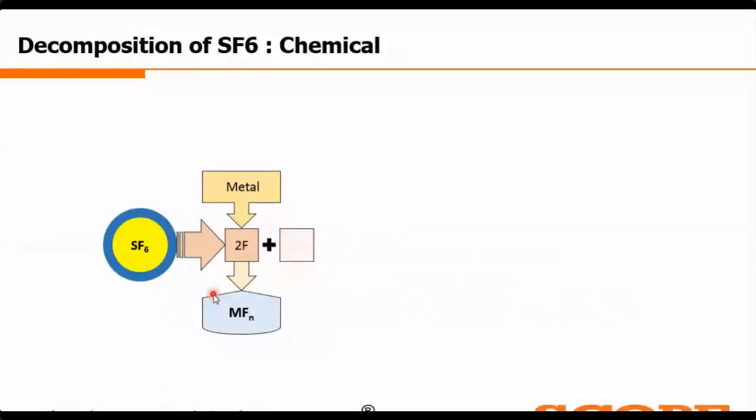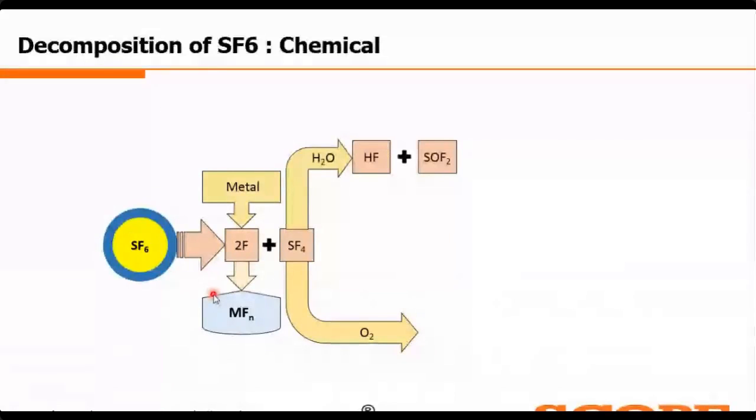Now, for SF4, if moisture is present, or because of the dry air, we all know that oxygen will be there, two reactions may happen. One, in the presence of moisture, it will form HF and SOF2, and with the help of oxygen, it will form SOF4.